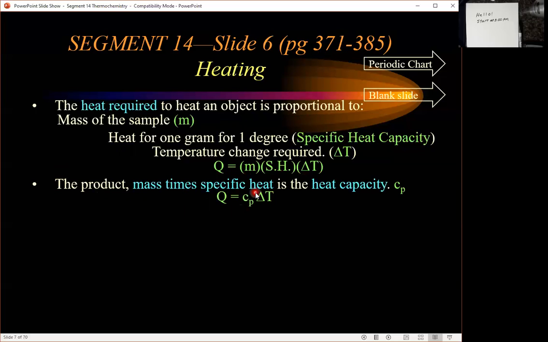Now, sometimes when we're doing the same experiment over and over again in the same container, it's nice to just lump mass times specific heat together since they're never going to change. I can measure it one time. It's called the heat capacity for that system.